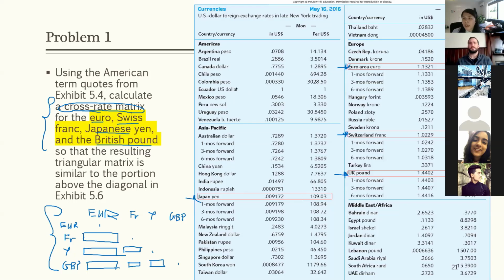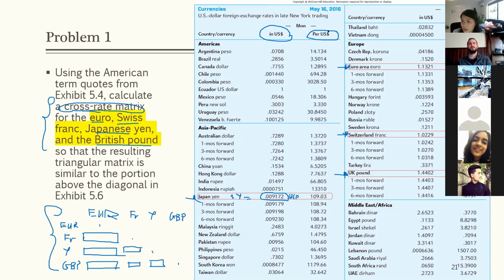Okay. In this table, column 2 will be the in-USD value. So this is how much a yen is worth in USD. Okay. So 1 yen equals this many USD.